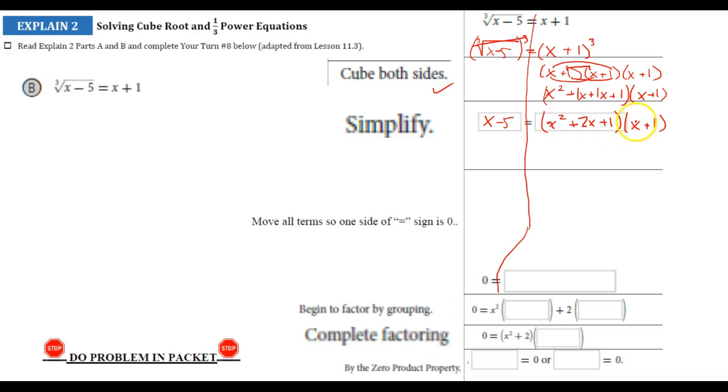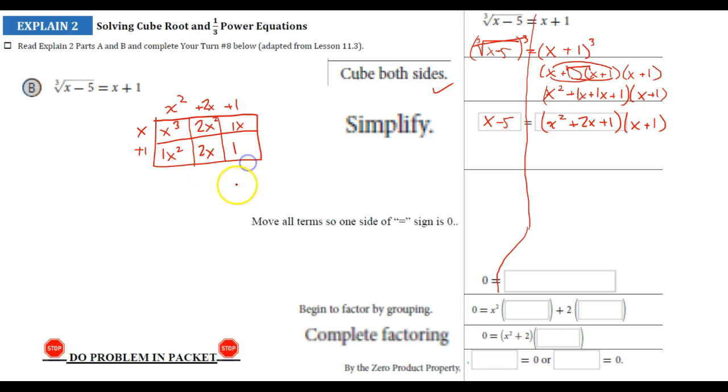So I can multiply these two together. I'm going to do that off to the side. I know this was a while back, but we can go ahead and multiply this out. So x to the 2nd power plus 2x plus 1 times x plus 1. That would be x to the 3rd power, 2x squared, 1x, 1x squared, 2x, and 1.